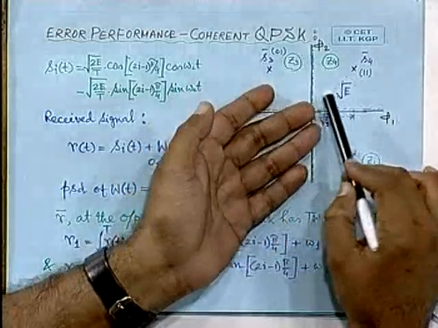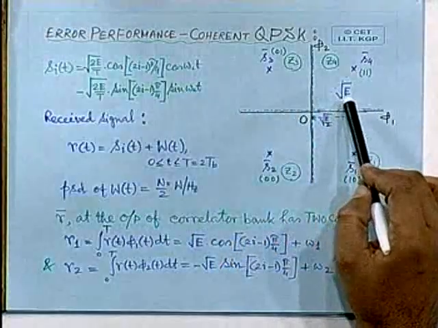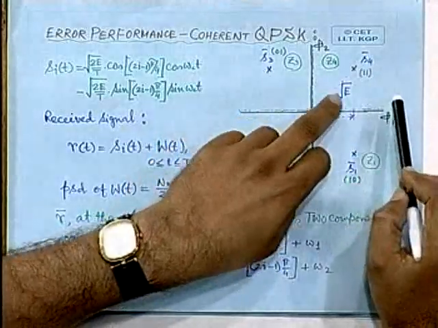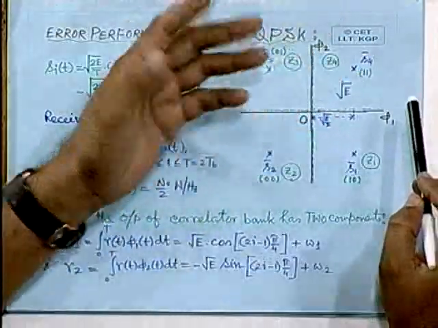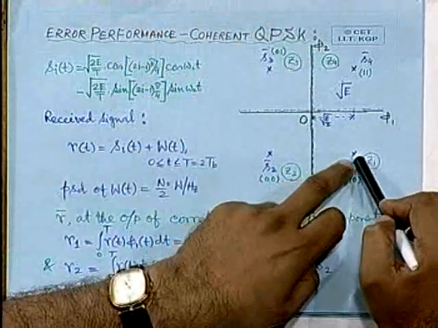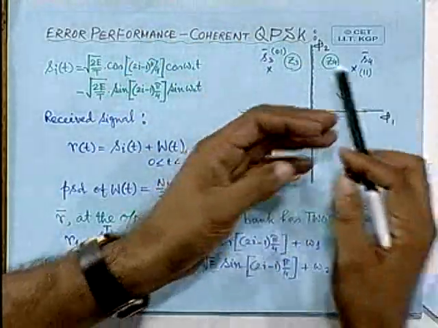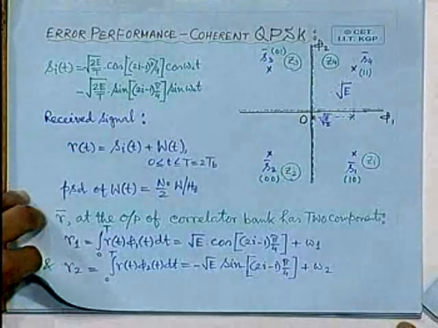Instead of that, I am considering this zone. If I know that S4 was transmitted, then this is the correct decision zone. So, I can see that both R1 and R2 are positive, or similarly for any other one, if I take the correct zone of decision, then I get fixed polarities of R1 and R2. That helps in avoiding some expressions, but in general one can follow any approach.